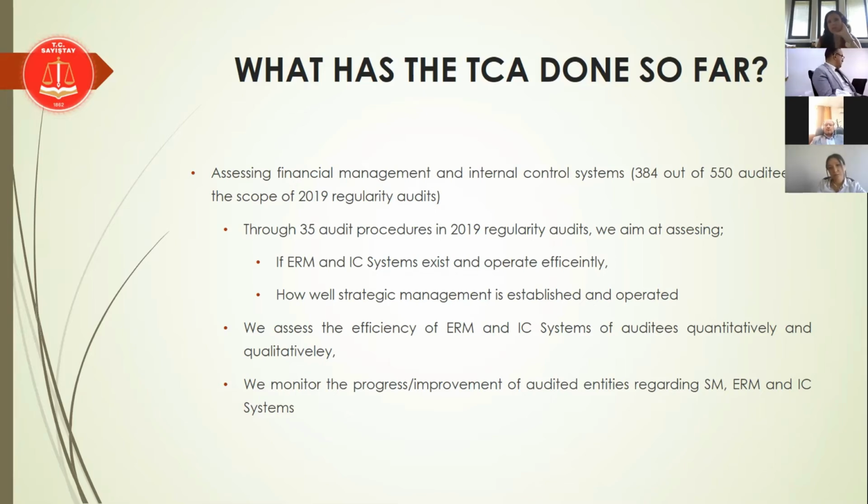And we aim at assessing if ERM and internal control systems exist and operate efficiently, how well strategic management is established and operated. We assess the efficiency of ERM, the systems, quantitatively and qualitatively. We monitor the progress, improvement of audited entities regarding the 3 systems.